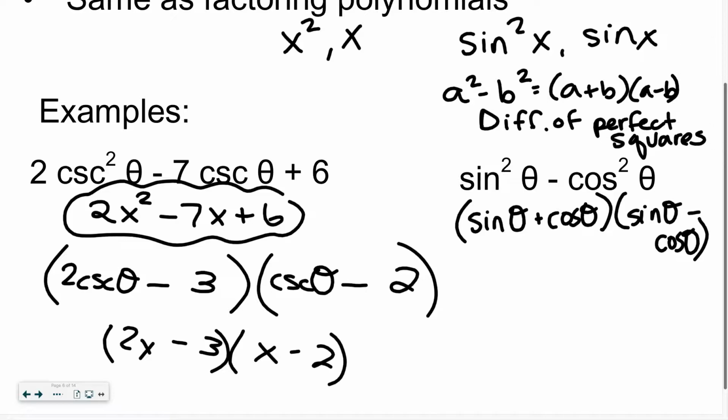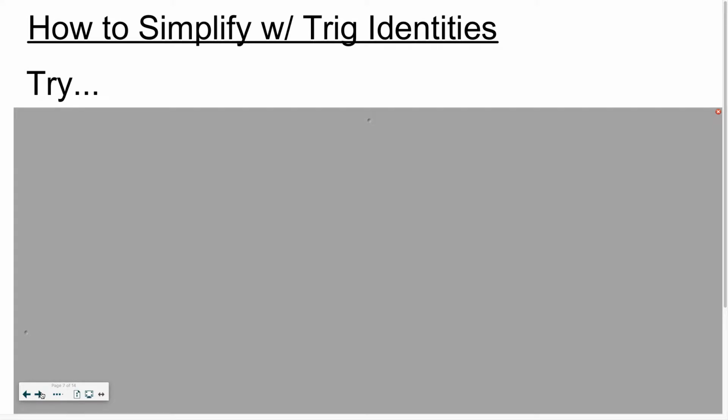Okay, we're almost to the good parts of this. I just have a few tips. The textbook is going to say, using your fundamental trig identities, simplify these trig expressions. And these are my tips to you.